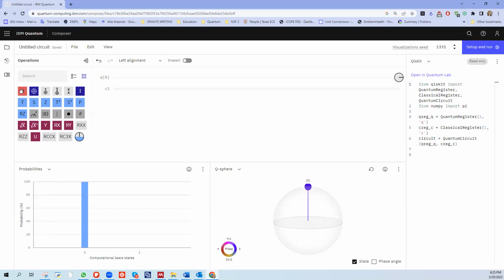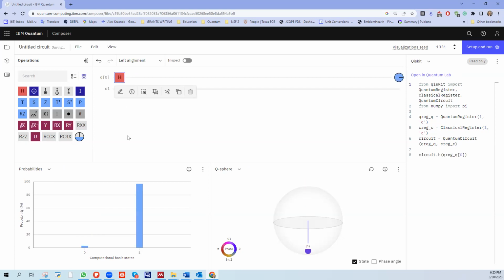According to our algorithm, I create the superposition by putting the first Hadamard. It creates the perfect superposition of two states, state 0 and state 1. Then my phase gate is this P, right? For now it's set to pi/2, so it didn't change these probabilities.